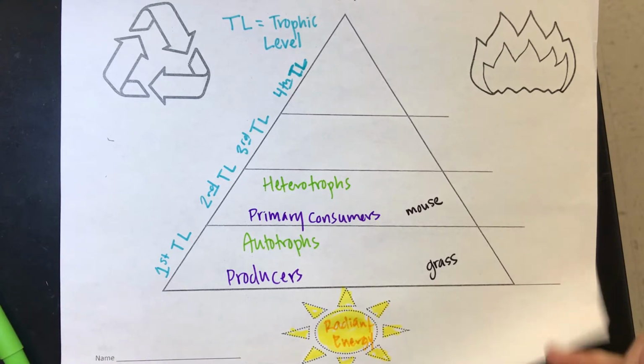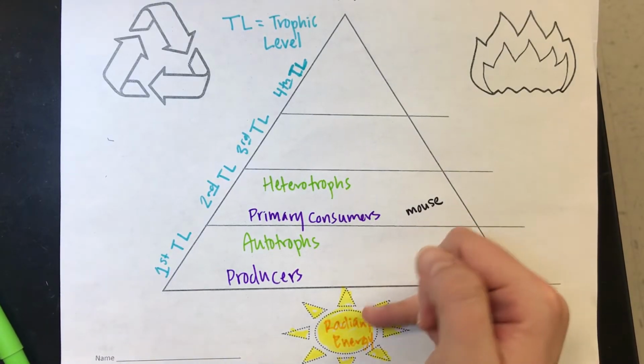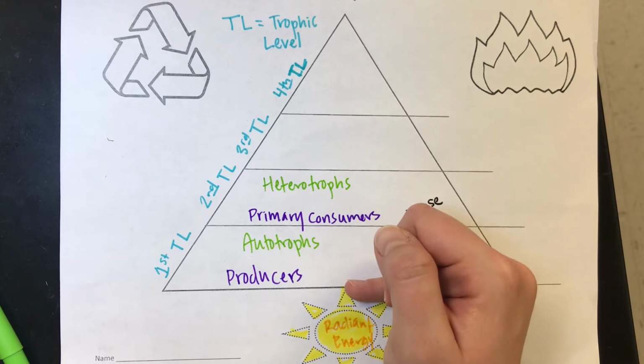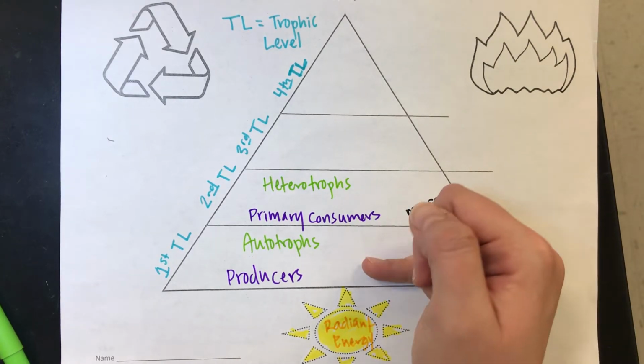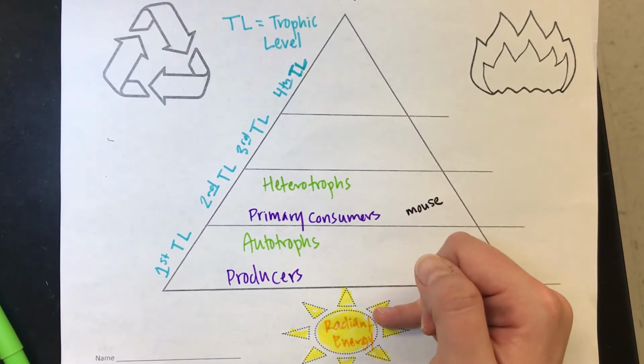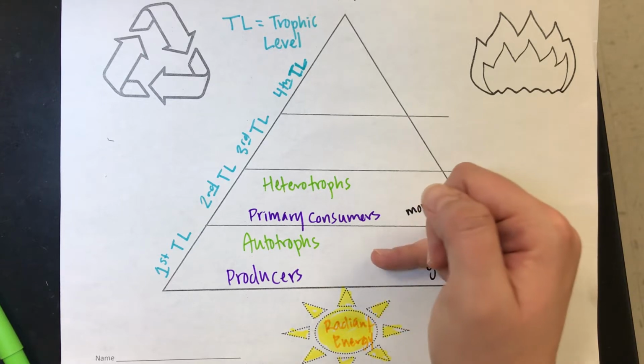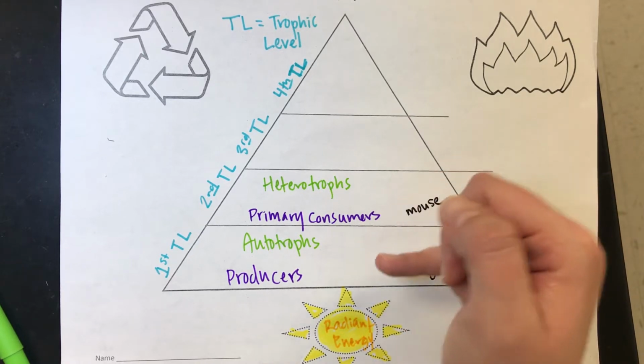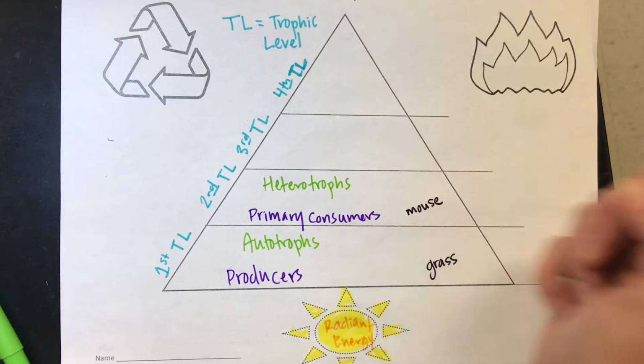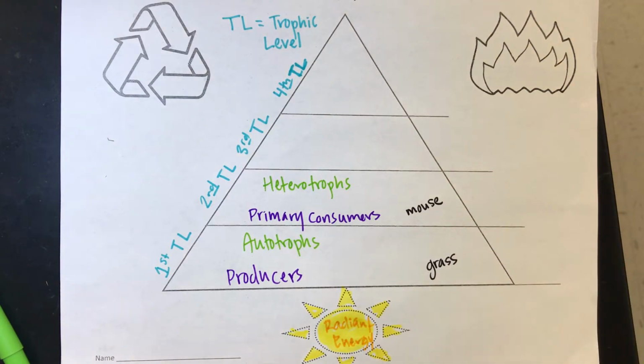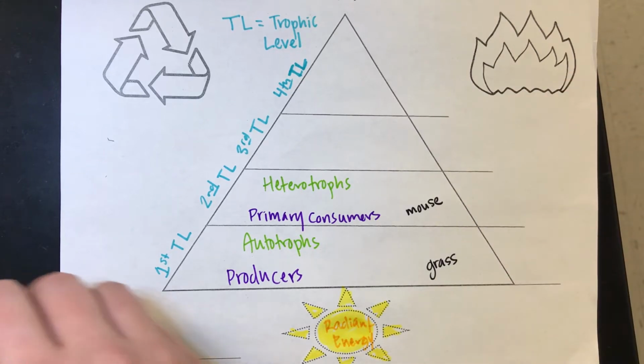All right, producers get their energy from the sun. Primary consumers get their energy from producers. Remember that our producers are going to convert that radiant energy to chemical energy. When our primary consumers consume our producers, they get part of that stored chemical energy. Who consumes the primary consumers?